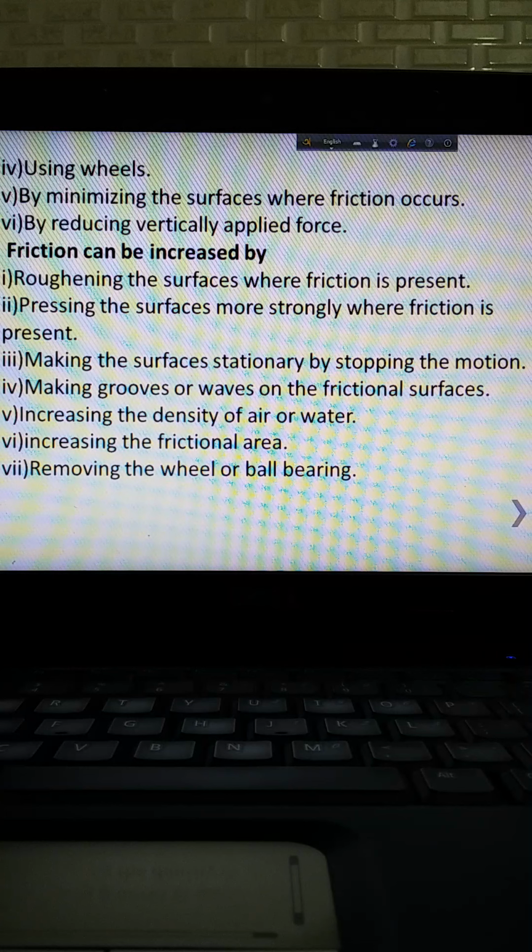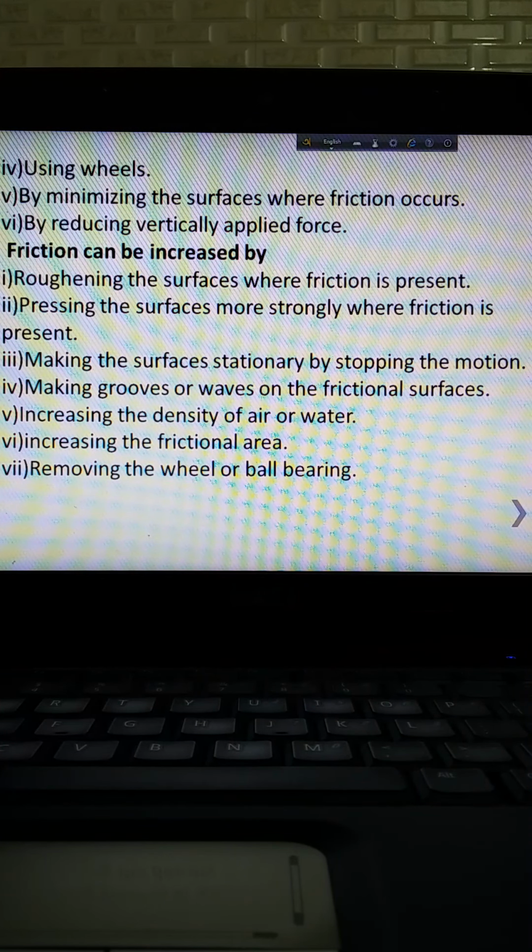If we can minimize the contact area where friction occurs, then frictional force will be reduced, and so total friction will be reduced. And the final way for reducing friction is by reducing vertically applied force.